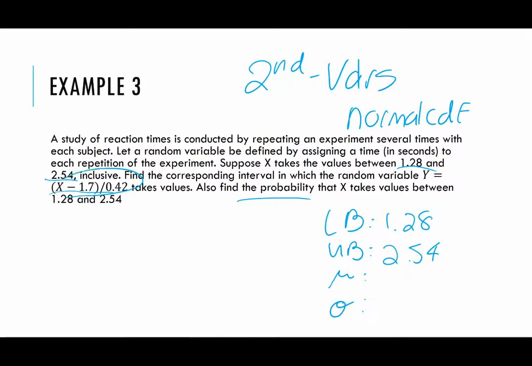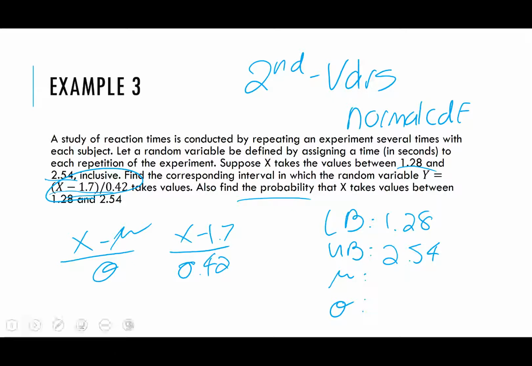But this is what I mean when I say it's hinting at our mean and standard deviation. This is telling us x minus 1.7 over 0.42. If you remember what I was just talking about on that last slide, you would know that it's giving away the mean and the standard deviation. The mean is 1.7 and the standard deviation is 0.42.